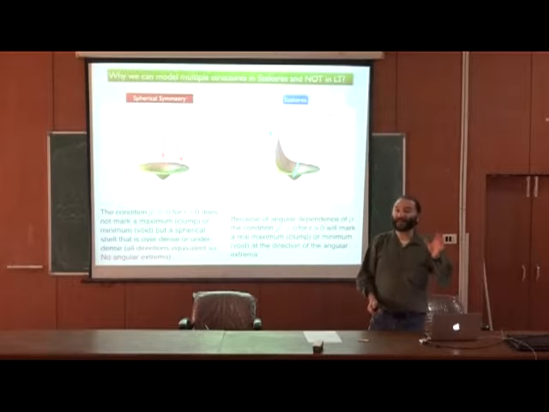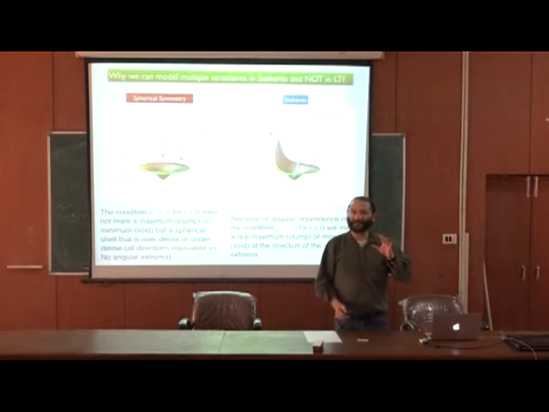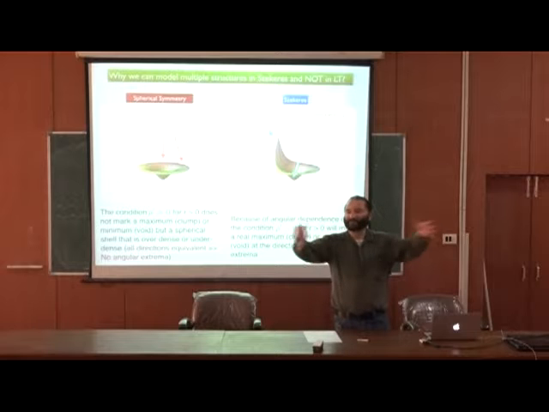And this is why you need angular dependence to describe many structures. With spherical symmetry that is not possible, only one, and shells, underdense or overdense shells.